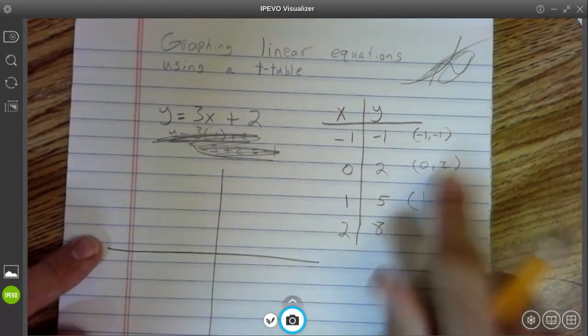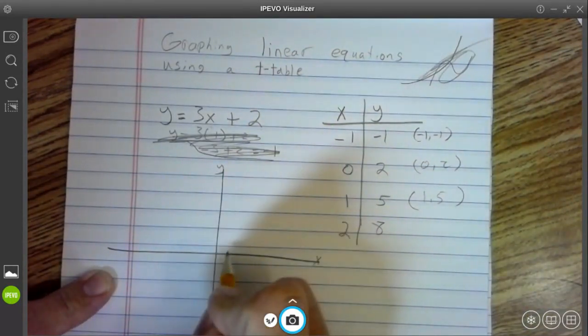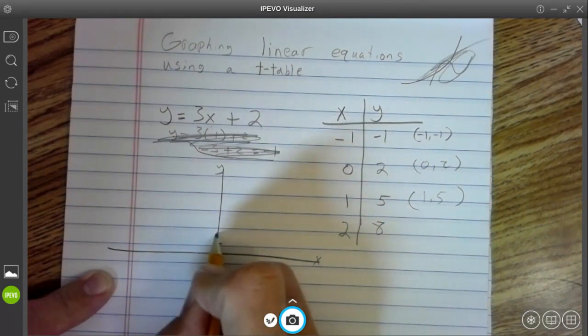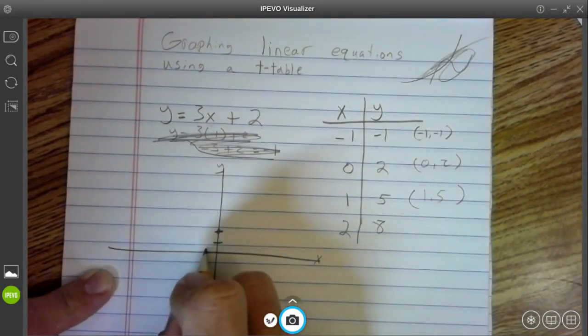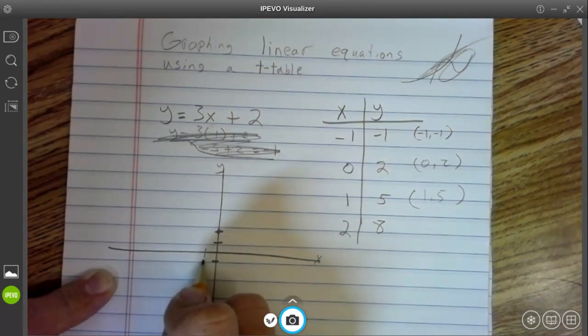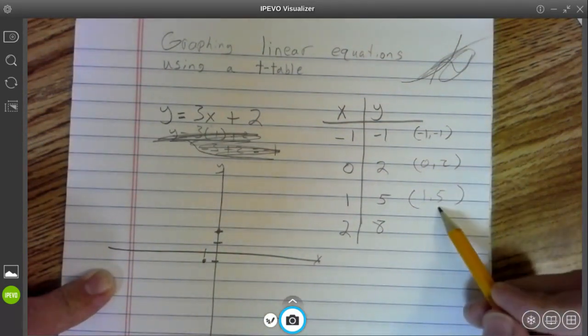Let's do 0 comma 2. So 0 for x, go up to 2 on the y. That'll work right there. -1, -1. So -1 for x, -1 for y. It's going to be about right there. And let's do 1 comma 5.